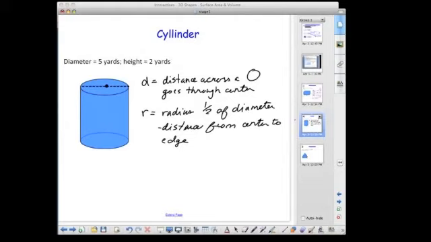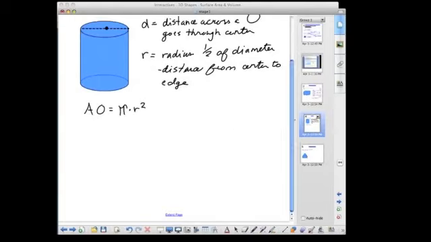And both of those values are important. So what I need to remember about my cylinder is that the area of a circle is equal to pi times r squared. And I also need to know the circumference of a circle is equal to 2 pi r.